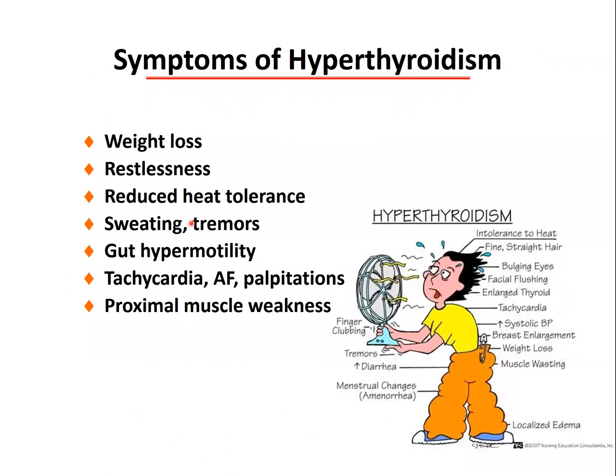Now, the symptoms of hyperthyroidism are almost the opposite of what we discussed in hypothyroidism. The patient has weight loss, restlessness, shivering all the time, cannot stay or sit for a long time, reduced heat tolerance, sweating, tremors, diarrhea, which is gut hypermotility, tachycardia, atrial fibrillation, palpitations, so arrhythmias can develop, and usually proximal muscle weakness can happen in this patient.